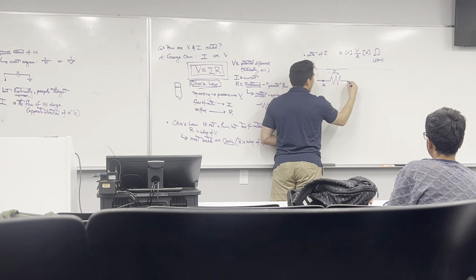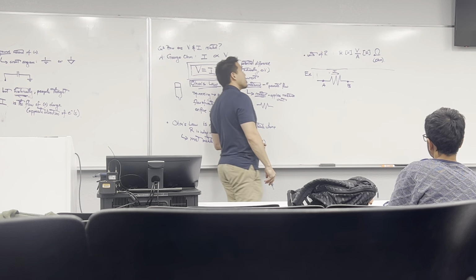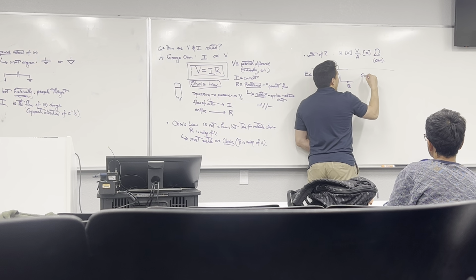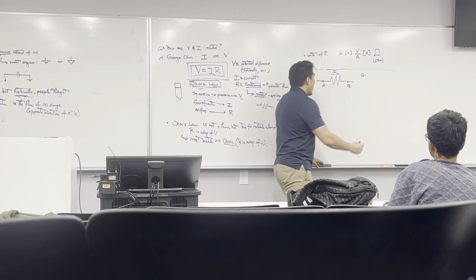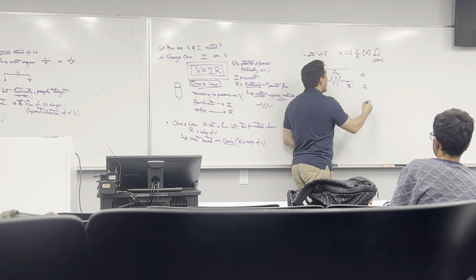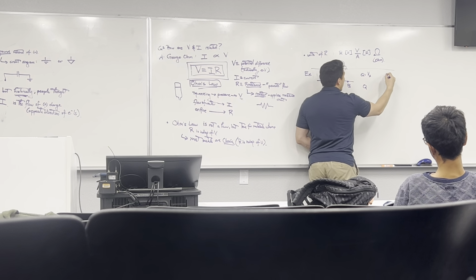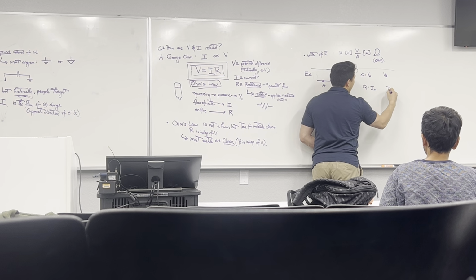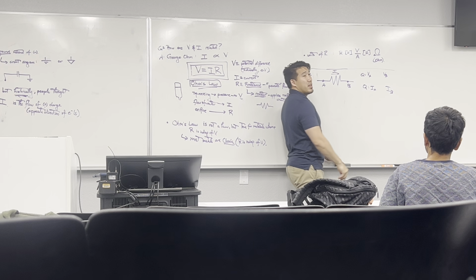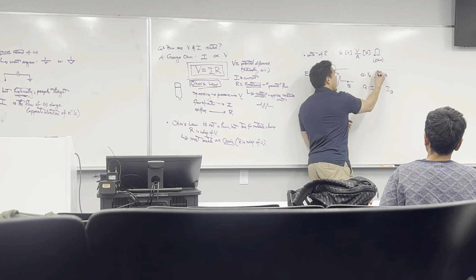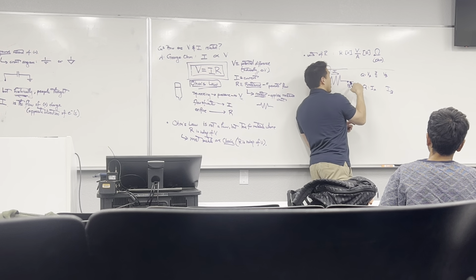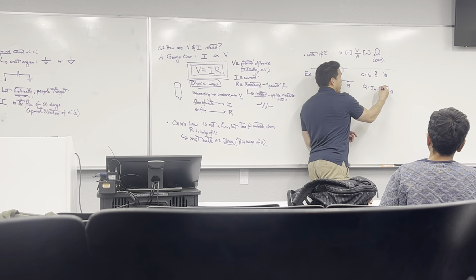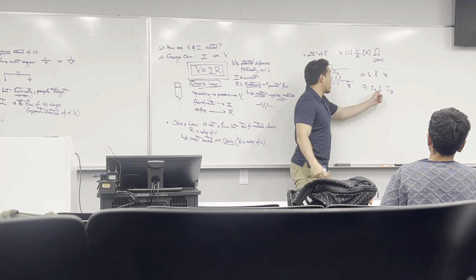And we'll label 2 points here, A and B. Now the question is, we want to compare the voltage between A and B as well as the current between A and B. Is the voltage at A greater than, less than, or equal to the voltage at B? What about the current? Is the current at A greater than, less than, or equal to the current at B?